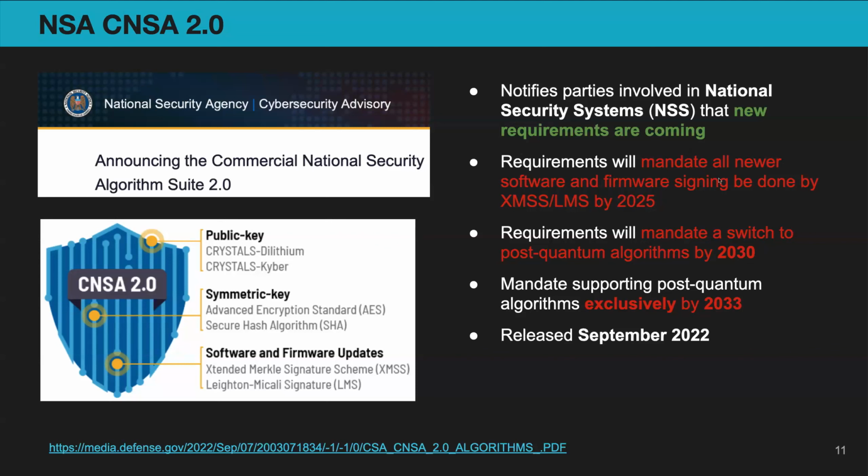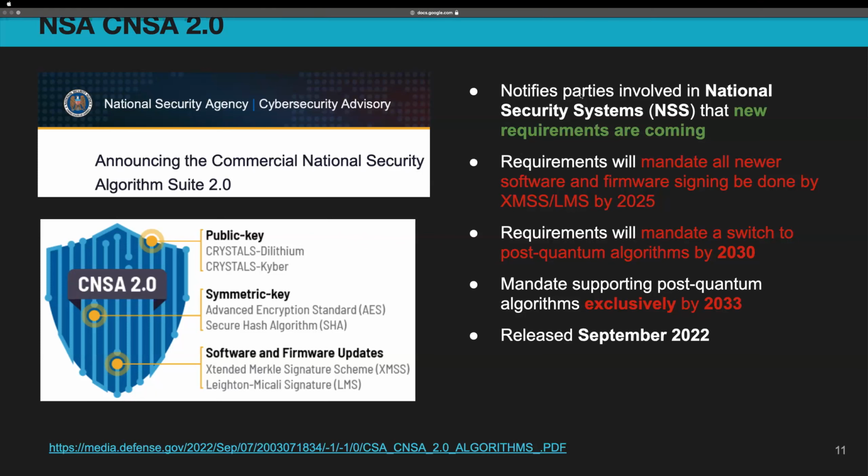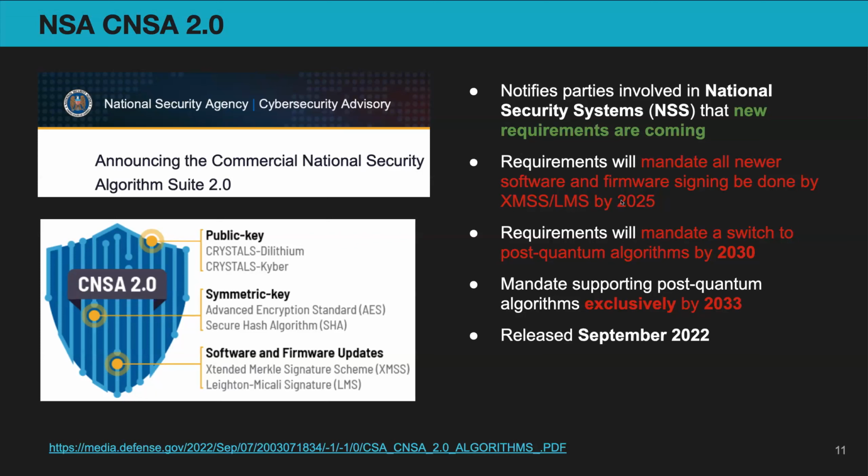So for all newer software and firmware signing, if you're signing a software or firmware image and you want to verify it, the NSA will require that you use XMSS and LMS by 2025. That's why we're currently working on those two in-house, and they will be on our 4th FIPS 140-3 certificate that we do either at the end of 2024 or into 2025.